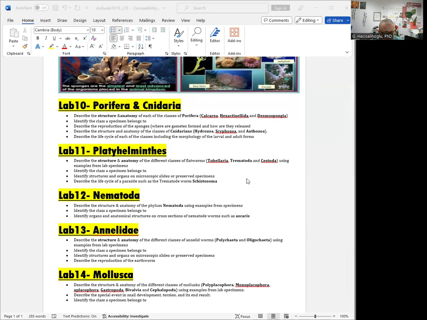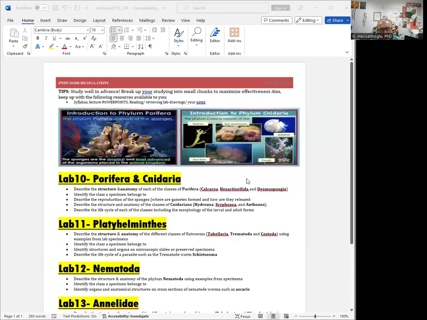I also want to point out that for every lab, as always in the Bio 2 lab, study well in advance. Break up your material into small chunks. Each phylum, remember, we are covering 32 phyla altogether in the lab, and 5 or 6 of them are here.